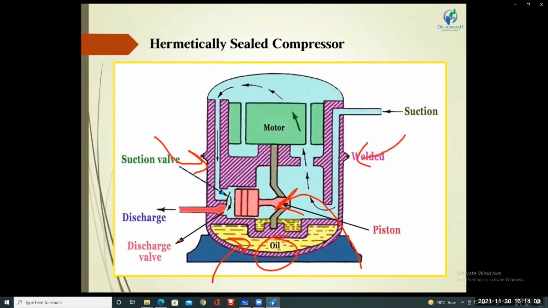We cannot remove it anytime to give lubrication, so we give oil inside the compressor for continuous lubrication of this mechanical system, and it also cools down the compressor. The oil's job is to lubricate the system and cool down the compressor.